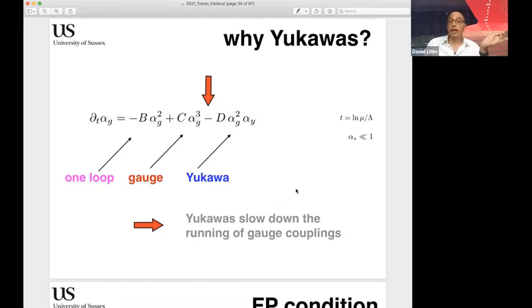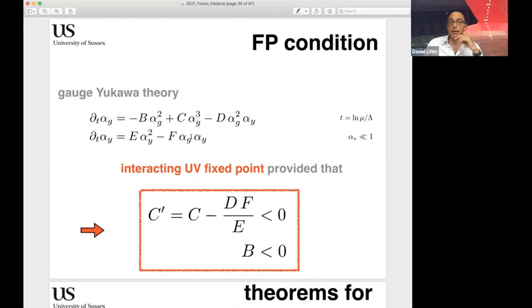And if we're lucky, the Yukawa term here can cancel out the gauge field contribution. And in fact, by looking into the coupled system of gauge and Yukawa couplings, you can then identify a necessary condition for this to happen. Okay, which here I've exemplarily written down in terms of generic loop coefficients.